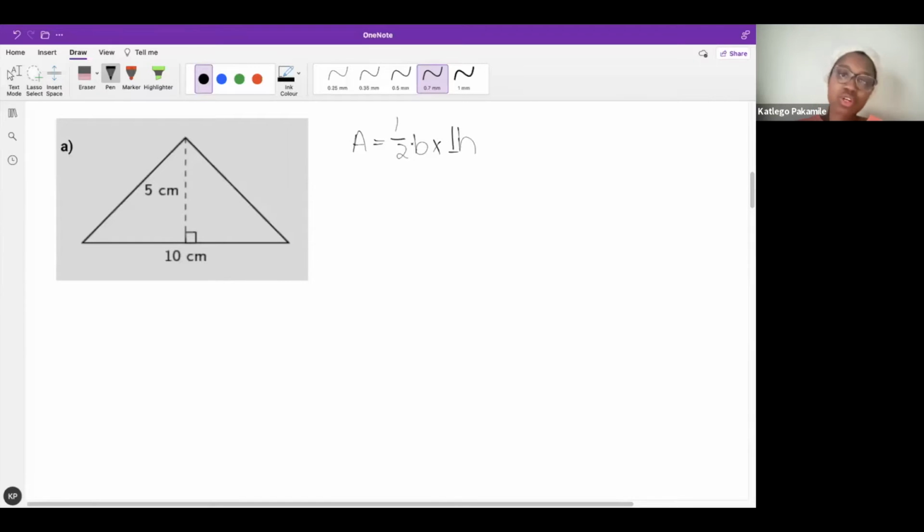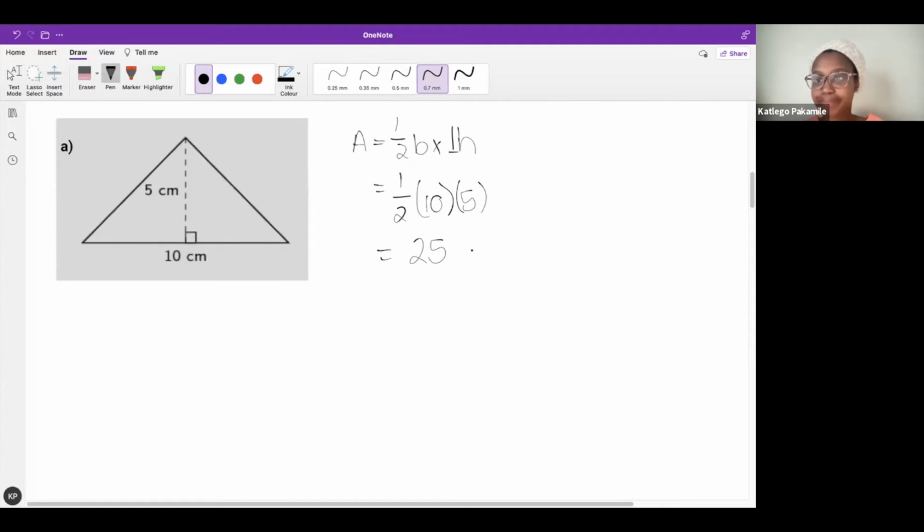What's my base for this triangle? What's our base? 10. And our perpendicular height is 5. So then my area is 25.